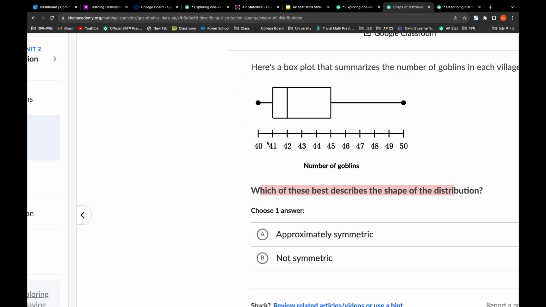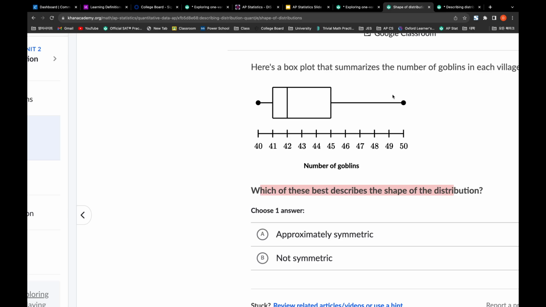It might be the left side, because we have to distribute those 50% of the data on either 40, 41, or 42. However, on the right side, we can distribute those 50% of the data from 42 to 50.